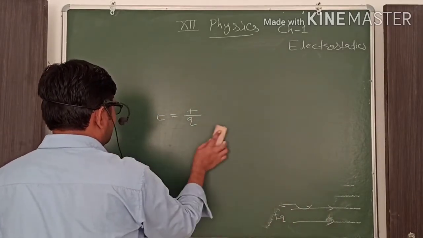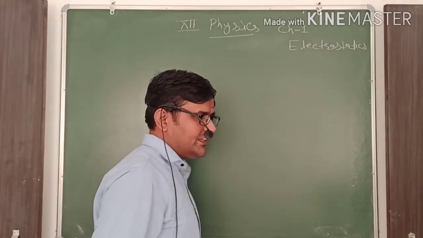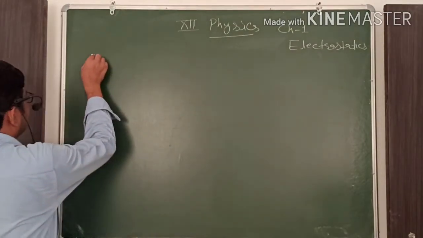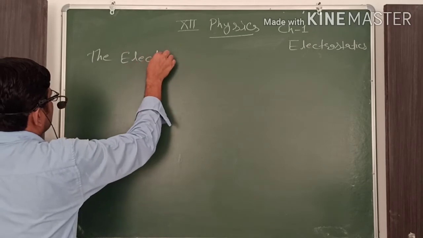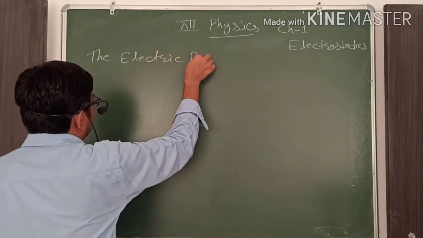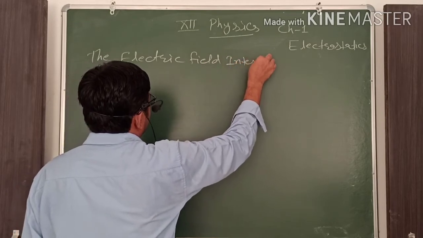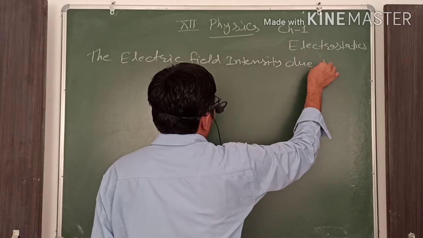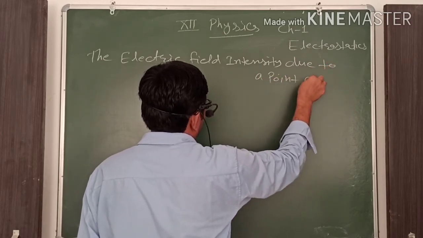Now we are moving on to the next part. It is the electric field intensity due to a point charge.